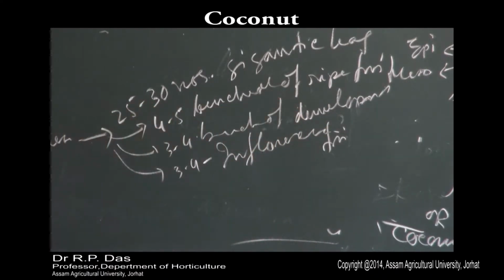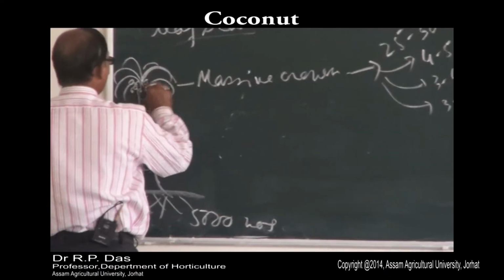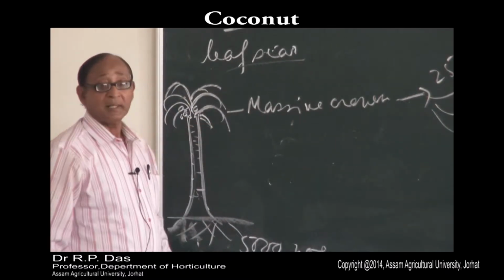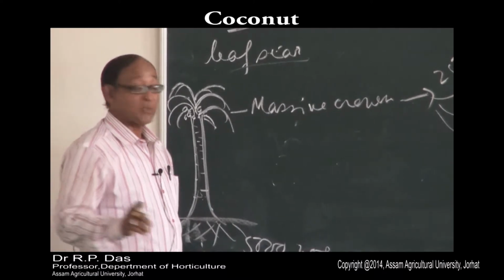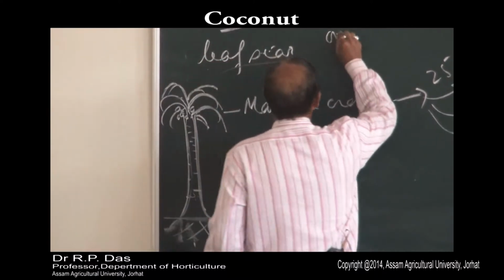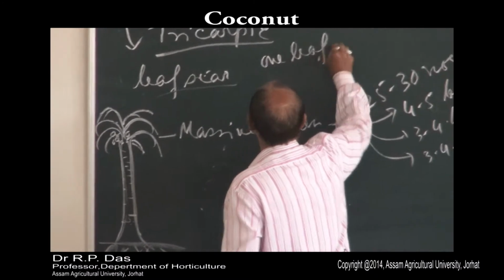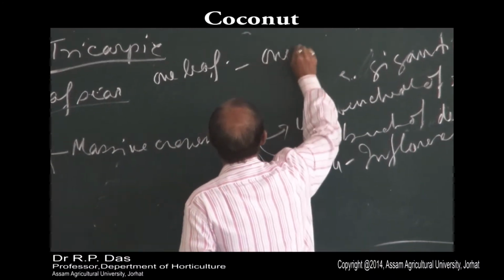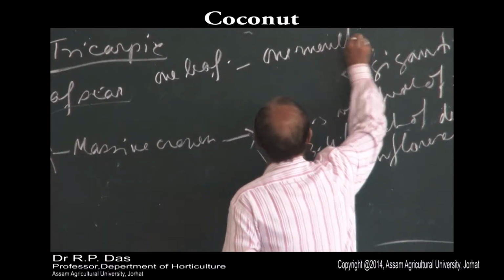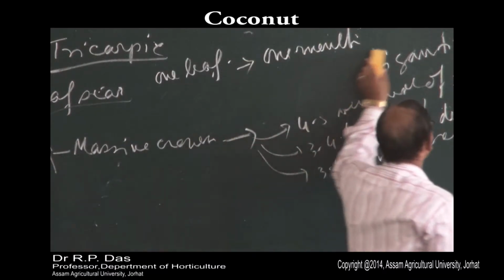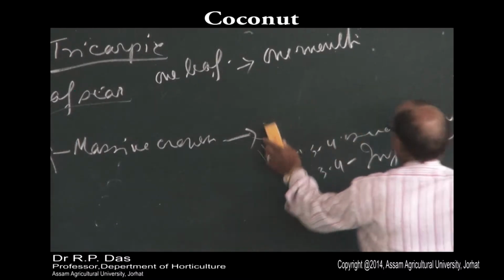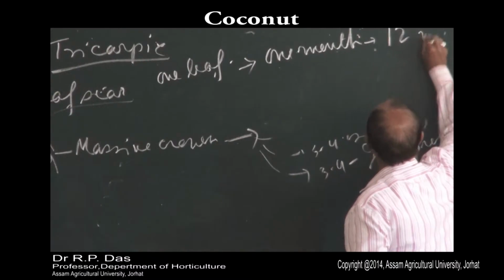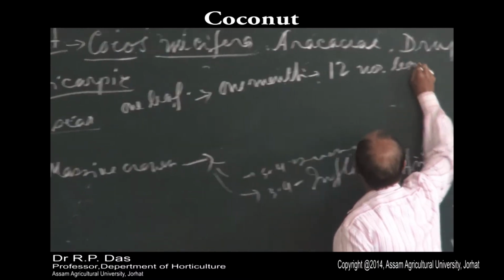Now, in case of coconut, you will find that the plant produces one leaf at an interval of 1 month. So ultimately there are 12 leaves.